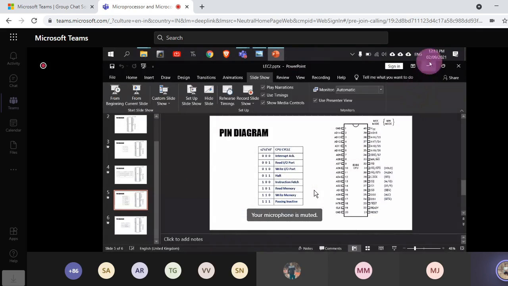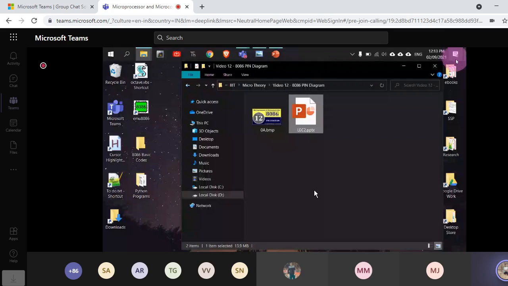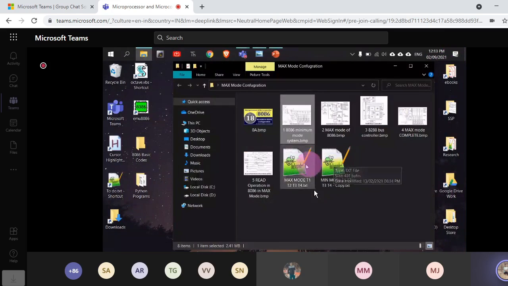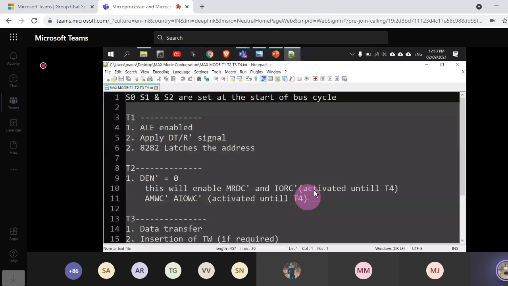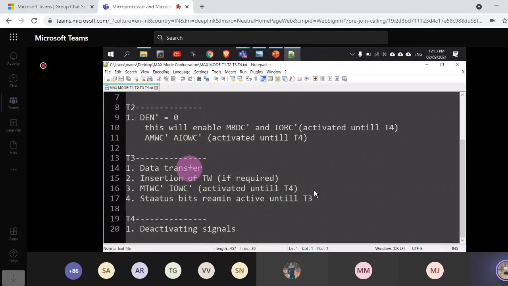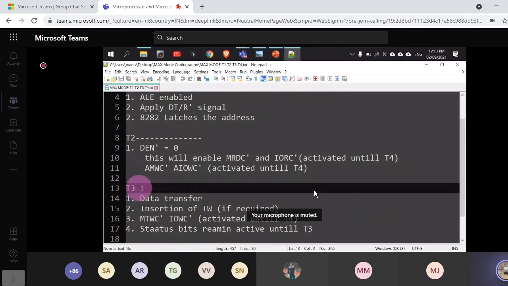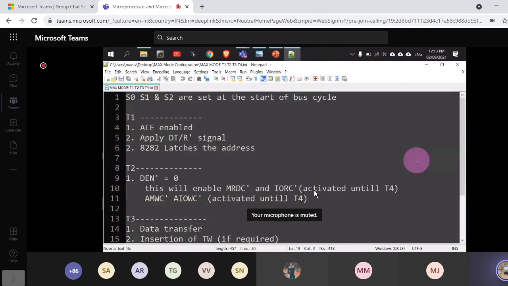Let me give you a few points about the timing diagram of maximum mode of operation. In maximum mode, again we are going to look at those four stages: T1, T2, T3, and T4, and they will perform exactly the same thing that they were doing in the minimum mode. The only point of difference is that I have written in the T1 cycle that ALE is enabled.